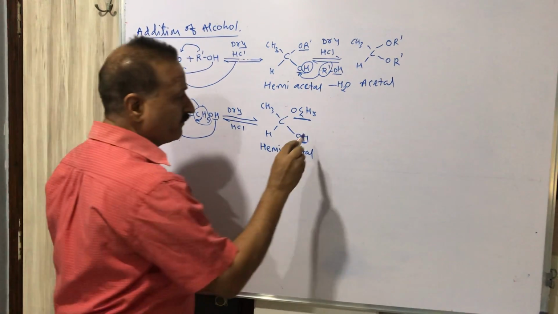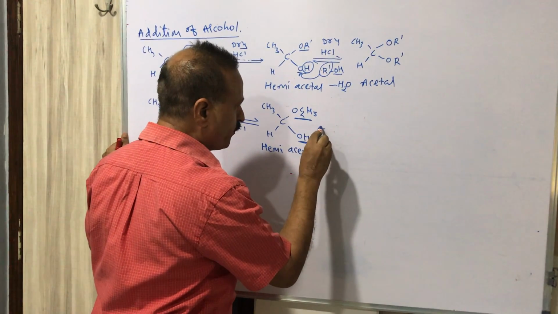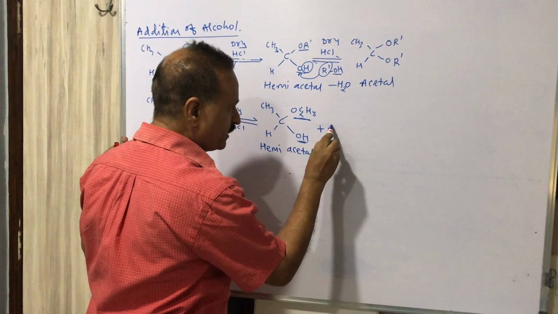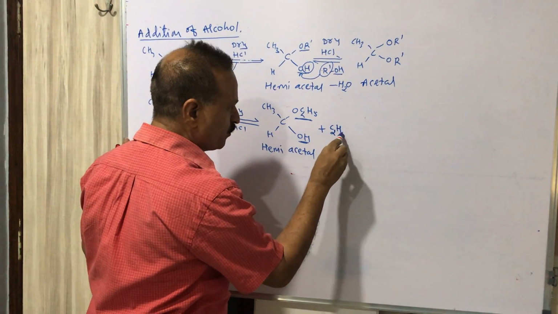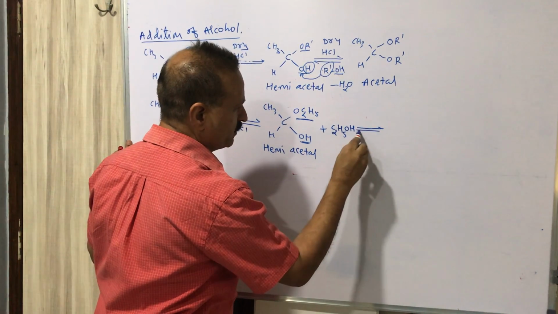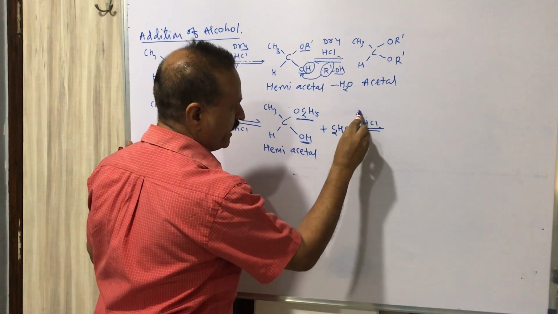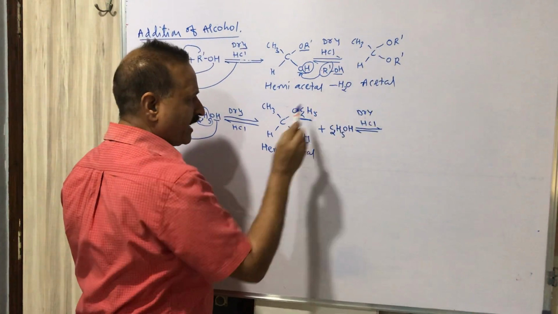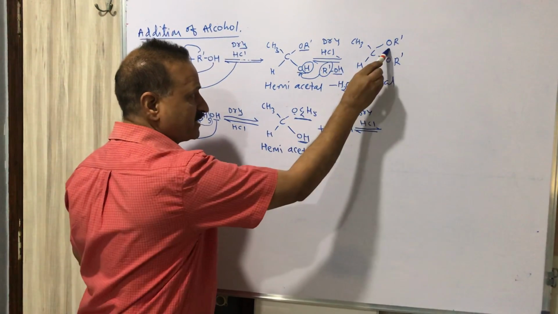It reacts again with one more molecule of alcohol. This is a reversible reaction, with C2H5OH again in the presence of dry HCl. What will happen? Then OR stays as it is.